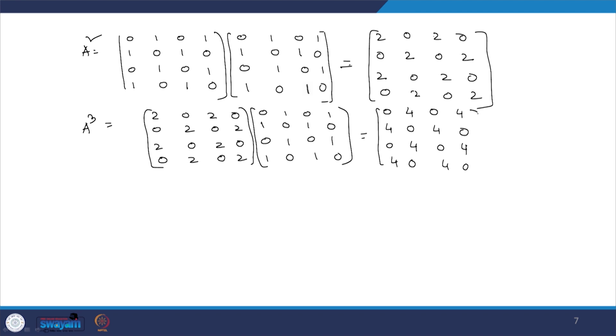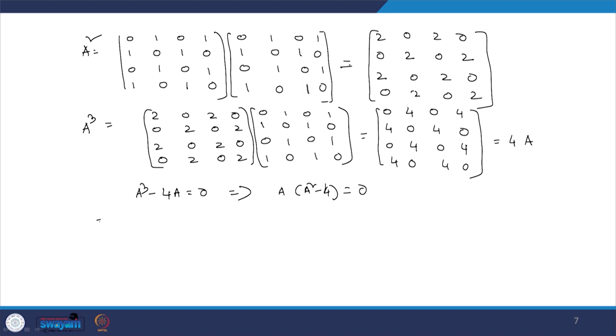So, I am getting AQ is equal to 4 times basically your A. So, AQ minus 4A equal to 0. So, this implies that A into S square minus 4 equal to 0.